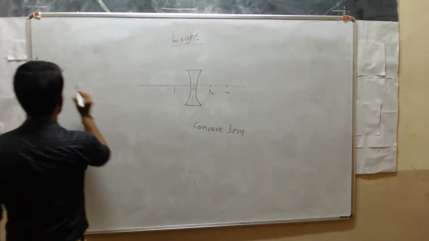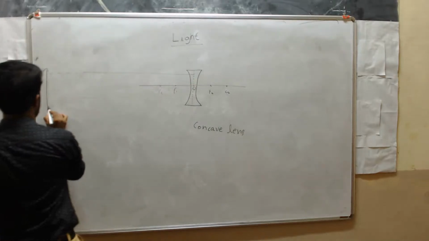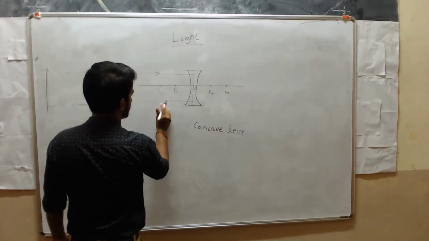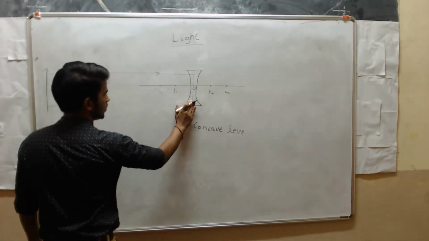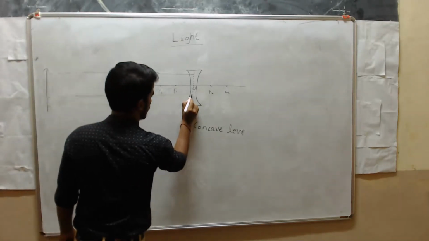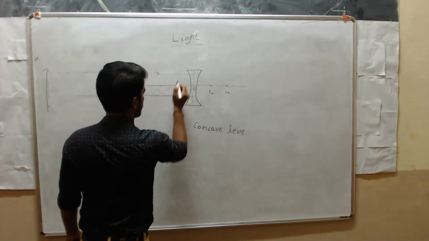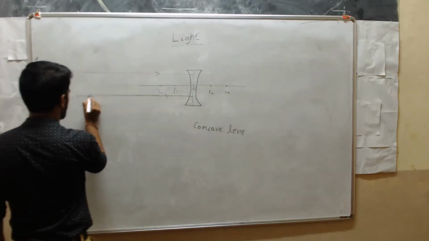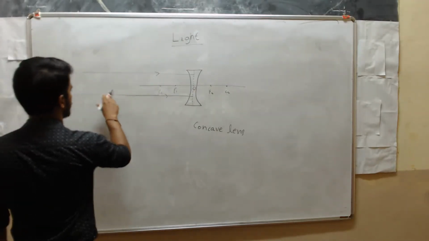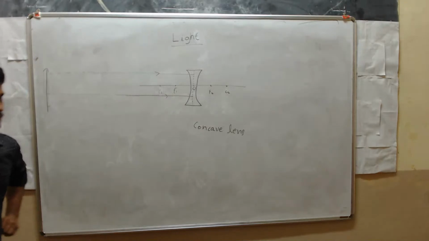Concave lens. So now consider two rays parallel to each other.